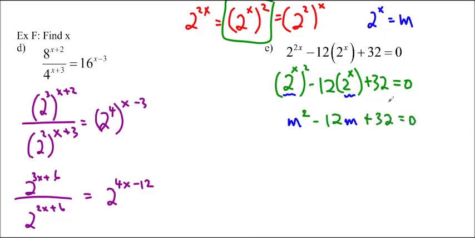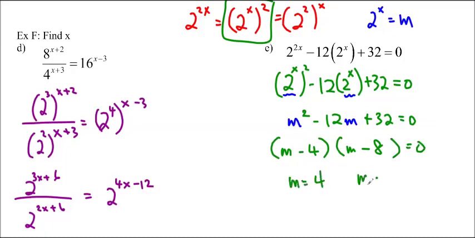And you can see now this has become a quadratic, and I can just solve for it. 32 is 8 times 4, so this is m minus 4 times m minus 8 is equal to 0, which means that m is equal to 4, or m is equal to 8.